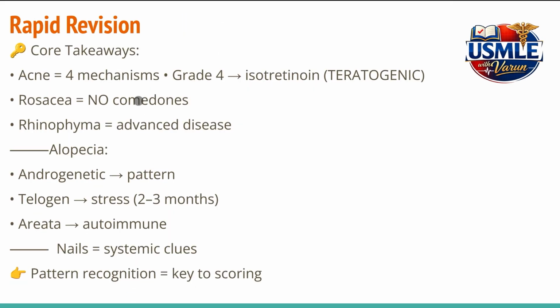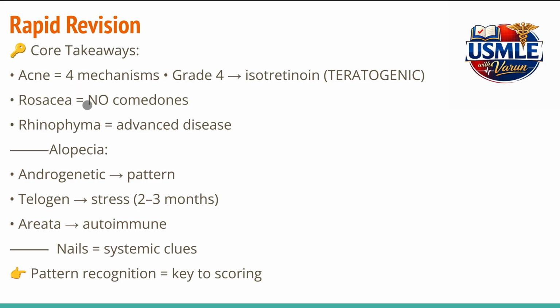Now let's quickly bring everything together and summarize this module. Acne is driven by four mechanisms: increased sebum production, increased keratinization, bacterial proliferation, and inflammation. Severe acne, grade 4 acne, is treated with isotretinoin, which requires careful monitoring because of its side effects like teratogenicity.